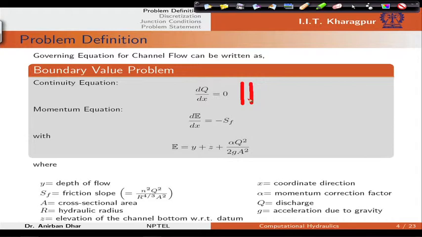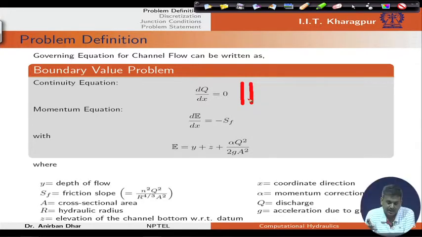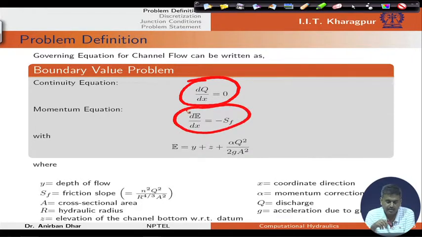So, we cannot exactly calculate or estimate the discharge value at the junction without solving this equation. So, what we will do, we will utilize the discretized form of both the equations and try to solve them simultaneously, so that we will have the solution for both y, that is the flow depth, and discharge for any channel network.